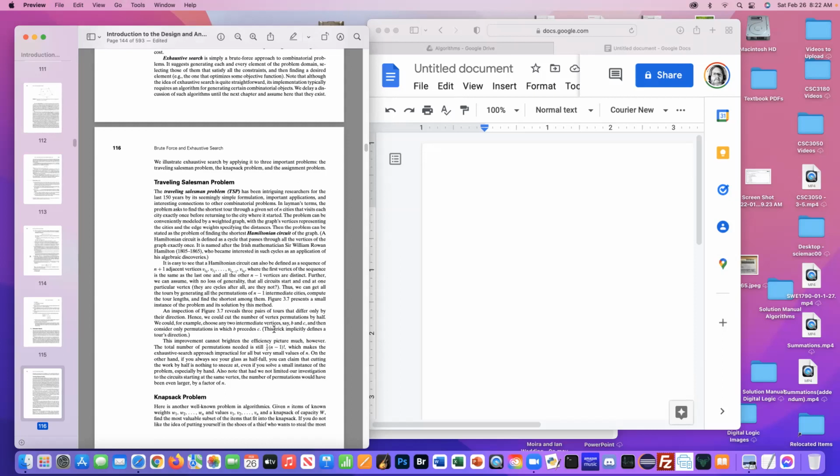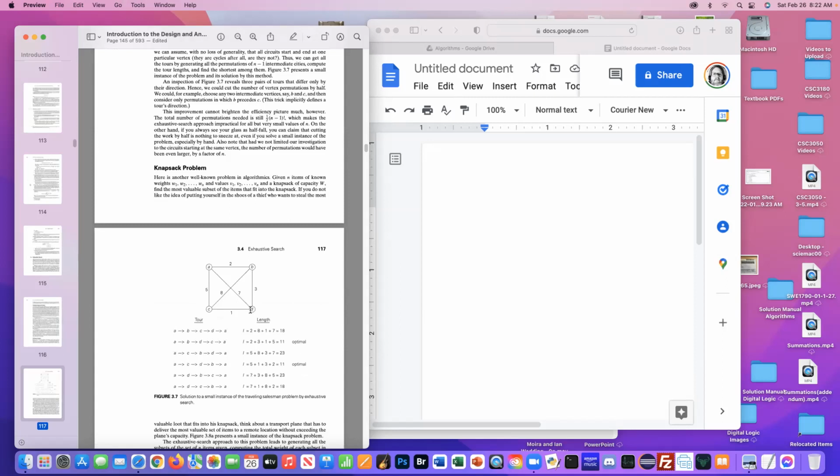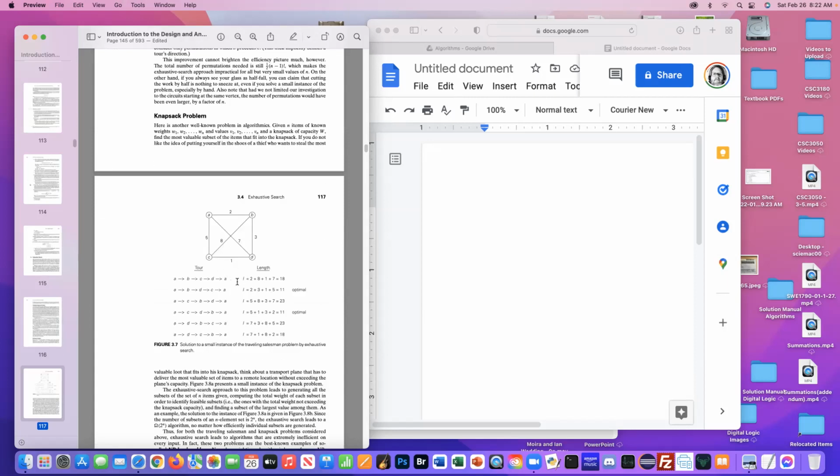There's another famous problem we talk about, the knapsack problem. The knapsack problem is that you have a knapsack or a backpack, whatever you want to call it, of some given capacity W. And then you have N items of known weights w1 through wn, and corresponding values v1 through vn.